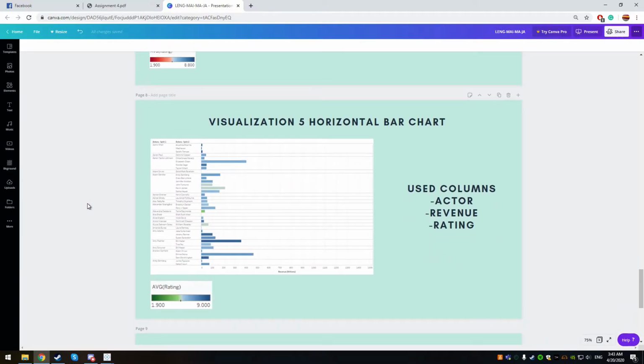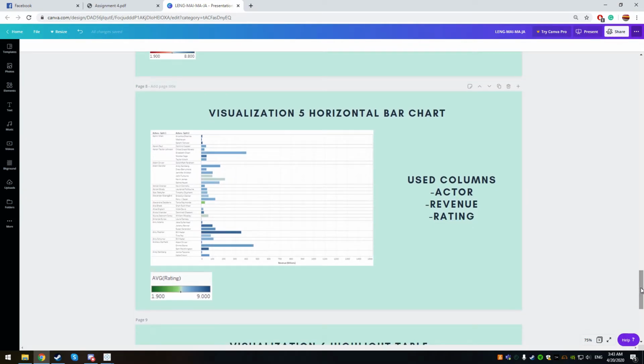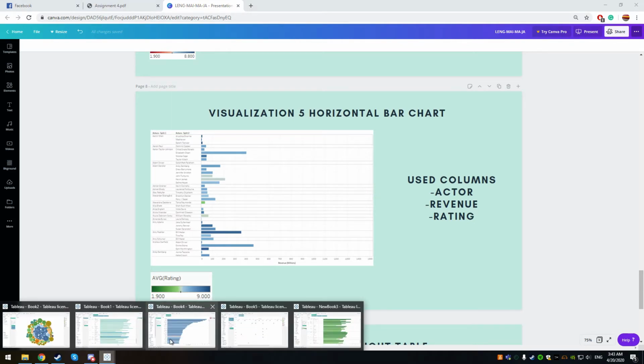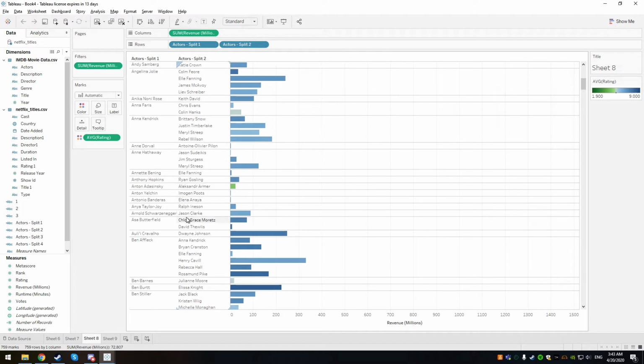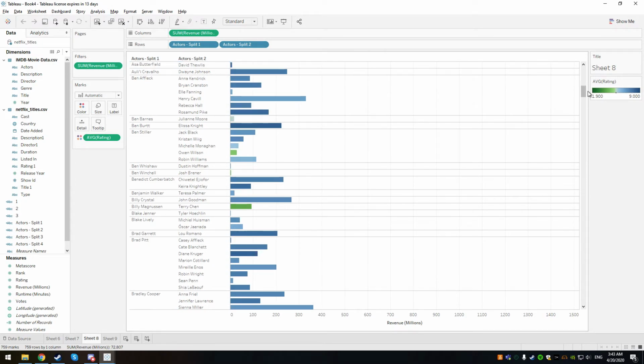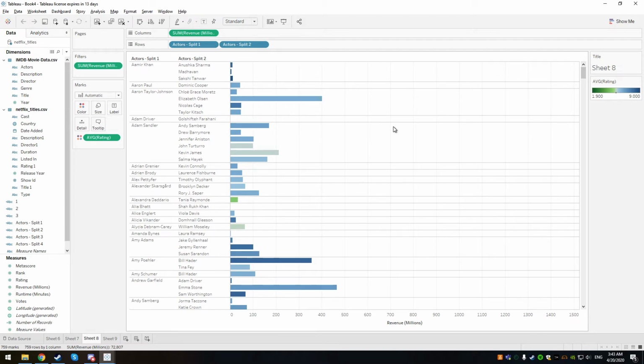Next visualization, we still use the horizontal bar chart. The columns we use are actors, revenue, and rating. We use two columns of actors to represent the combination of actors. Some of the directors are standalone as well. And the bar size represents revenue, and the shade represents average rating.